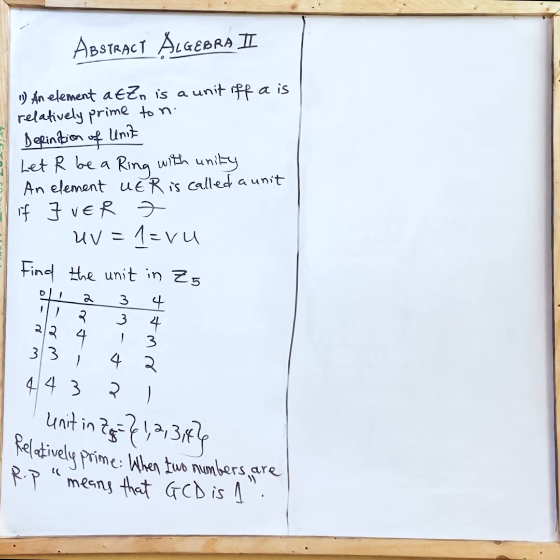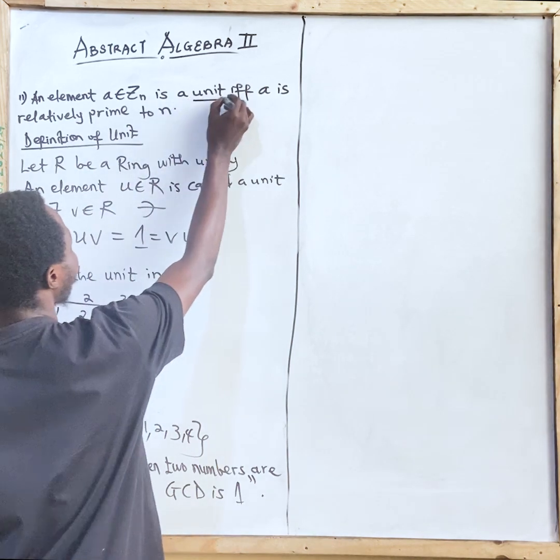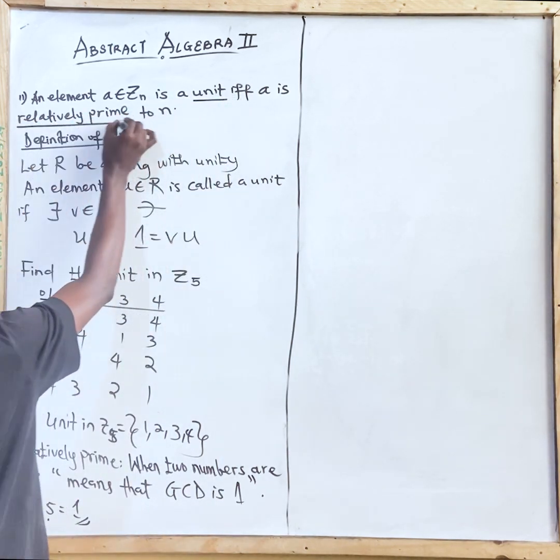So let's take for example 3 and 5. The greatest common divisor of 3 and 5, that is the number that will divide both 3 and 5 at the same time, is just 1. So they don't have any other factor that can divide the two of them except 1. So it means that 3 and 5 are relatively prime, because their GCD is 1.